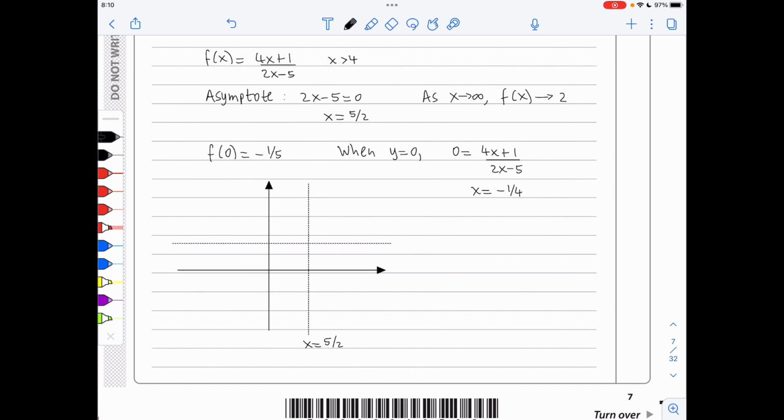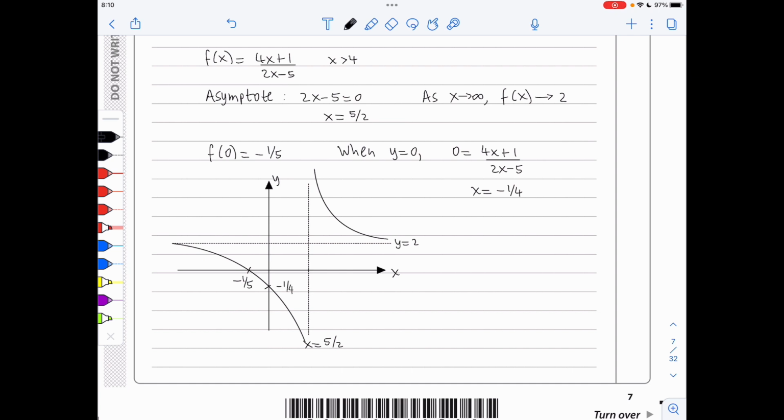So I'll draw that as well there. And we've got a cut on the negative x and the negative y. So it's a reciprocal graph. It must be something like this. So we have a cut here at −1/5 and another cut here at −1/4.